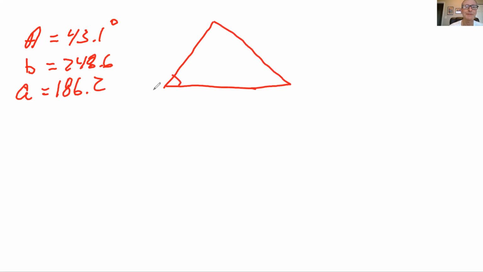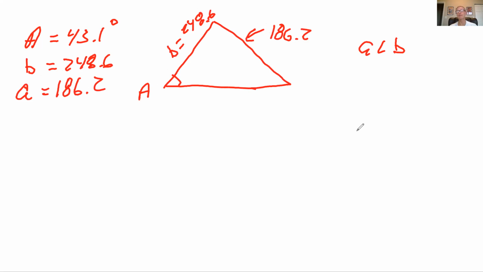Again, this is angle A here, our B value here is 248.6, and our A value right here is 186.2. You see that 186.2, A, is less than B. So we have a possibility of two solutions.